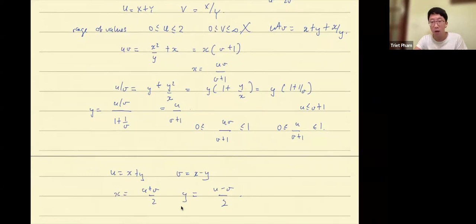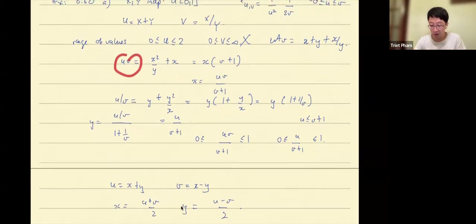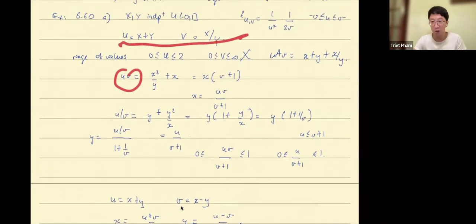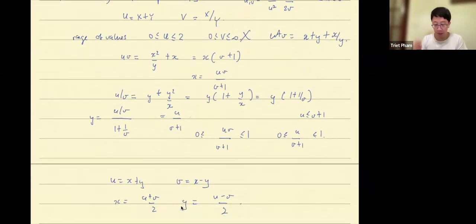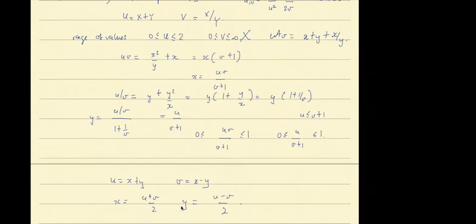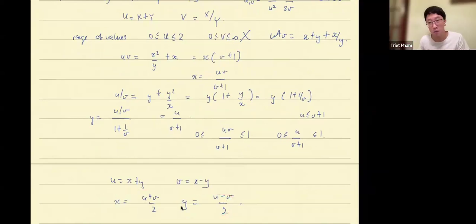Right? So there's nothing magical about me using u times v. It's really just the solution to this system in terms of x and y. But I don't know what the general formula is, because it depends on what the system is. It's a nonlinear system, and that's why it's a nonlinear solution.